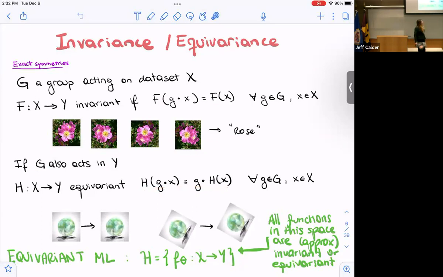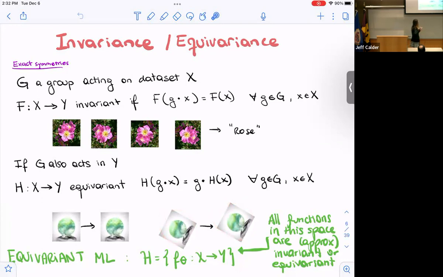For example, say I have a particle system and I want to predict how it would evolve in time. If I do a rotation to the input, then the prediction should rotate in the same way. That's an equivariant function.